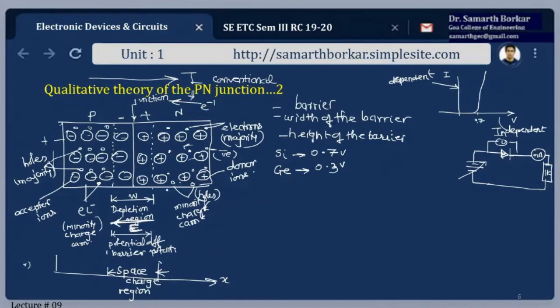In this case silicon will demand, give me some 0.7 volt, then only I'll work for you, then only I'll make the current conduct. So it will demand something here. In simplest words, germanium will demand 0.3 for itself. The moment that 0.3 voltage is given to it, it is satisfied and it will open the gates. So this is silicon and germanium.